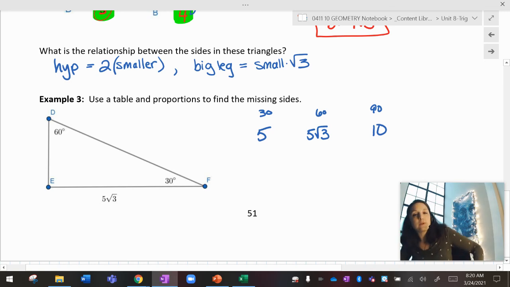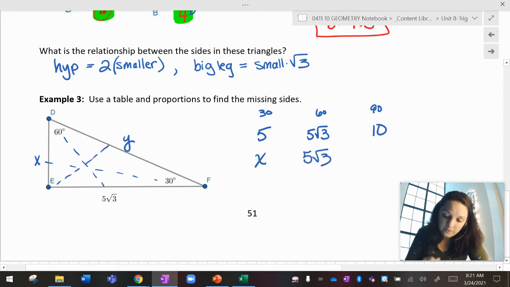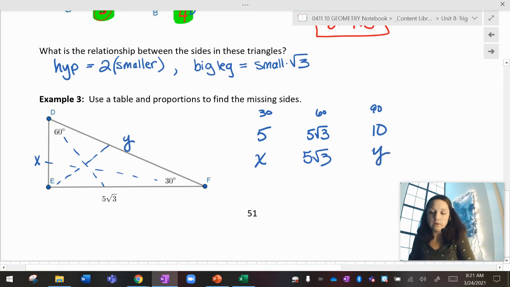So if in one 30, 60, 90, I had 5, 5 root 3, and 10, then in this other 30, 60, 90, the side across from 30 is x, the side across from 60 is 5 root 3, and the side across from 90 is y. Hey, look at that. This is the same as what we had before. If this is 5 root 3, then this little side is 5, and this is twice that.